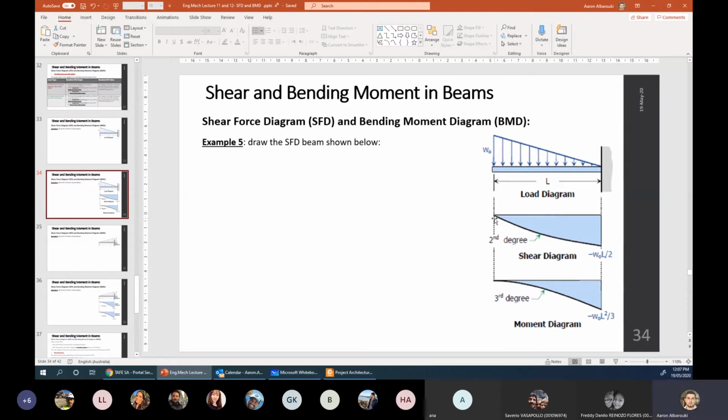If for any chance, and that will happen more in the bending moment diagram, you have a second degree curve, the next level up is a third degree curve. How different in shape? That's the question you may ask. What's the difference in shape between the two? It doesn't concern you. And by eye, you won't be able to notice the difference because we are taking just a small portion of that curve.